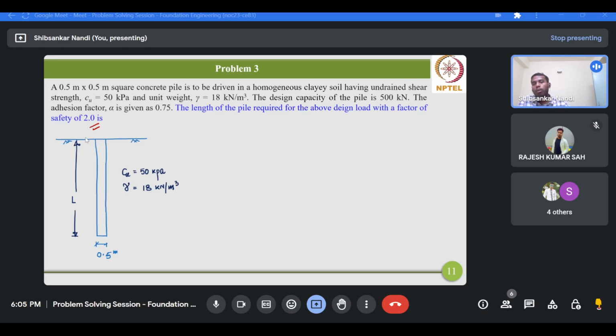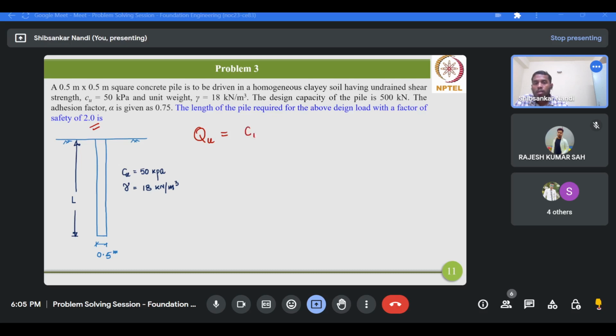Therefore the formula for calculating the ultimate load carrying capacity of a pile in clay will be different. It will not remain the same as we used in the case of granular soil deposit.